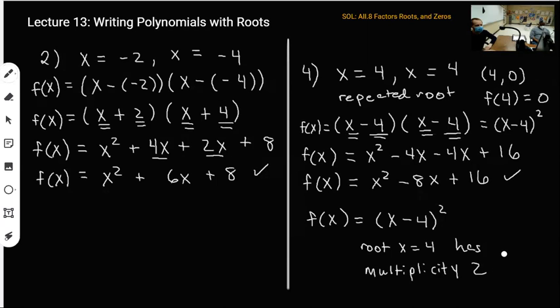Multiplicity 2. Yeah. What that means is the root shows up twice. That's why it has multiplicity 2. And you can tell that by the exponent right here. Okay, so that's number 4. Let's take a look at number 5 on the next slide.